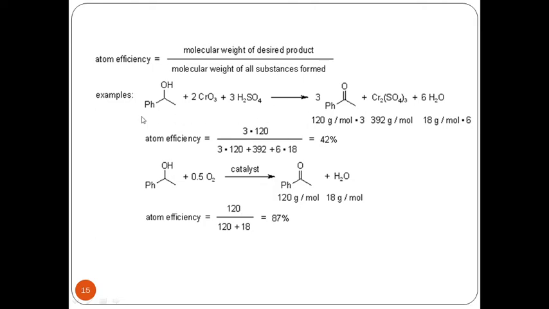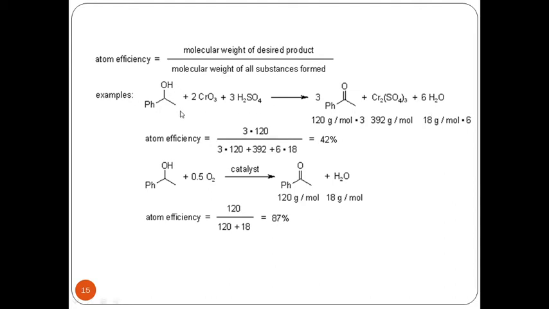Let us pick up this reaction with benzyl alcohol. When it reacts with chromium oxide in the presence of H2SO4, it is getting converted to benzaldehyde, chromium sulfate and 6 molecules of water.